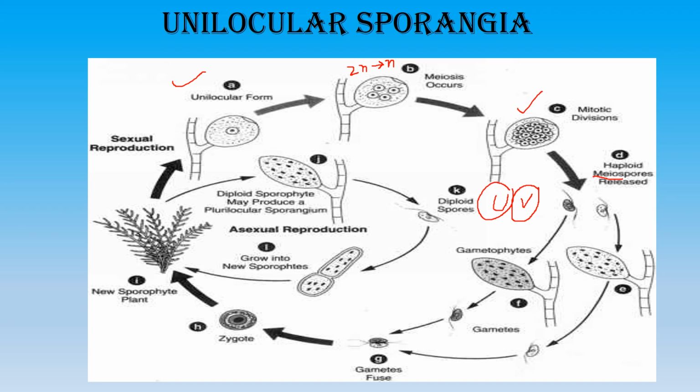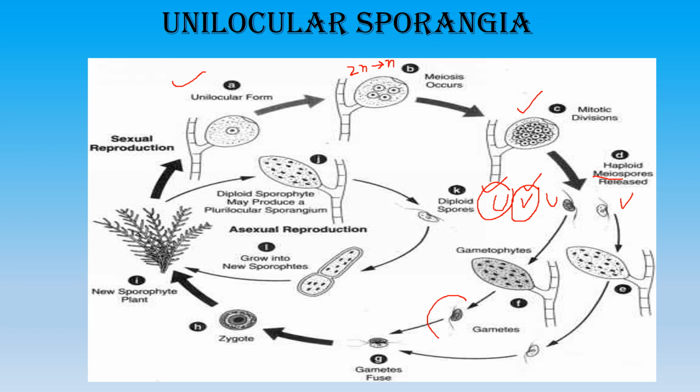One single meiozoospore will not contain both U and V. So a single meiozoospore will contain either the V type or the U type of chromosome. For example, this is the U and this is the V containing meiozoospore.